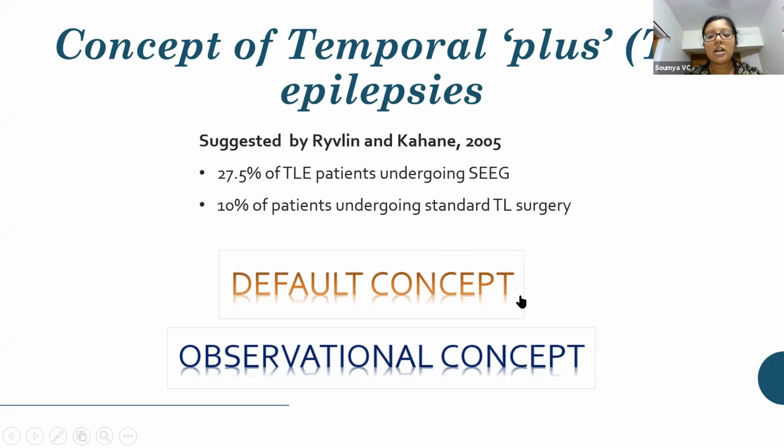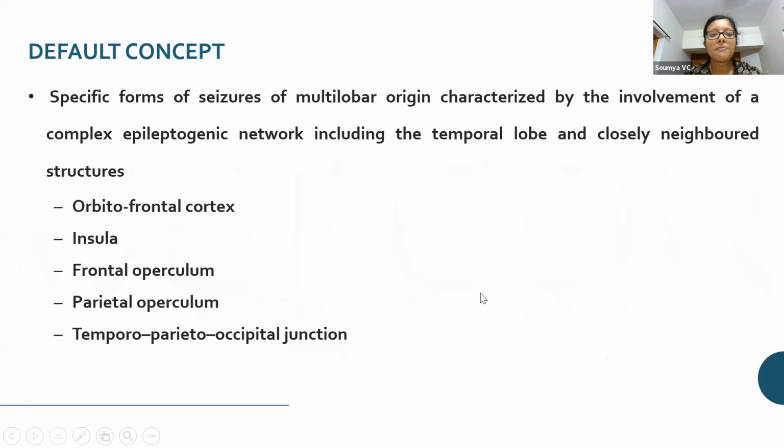The first is the default concept. As per the default concept, temporal plus epilepsy refers to specific forms of seizures with multilobar origin, characterized by involvement of complex epileptogenic networks, including the temporal lobe and its closely neighboring structures like the orbitofrontal cortex, insula, frontal operculum, parietal operculum, and the temporoparieto-occipital junction.